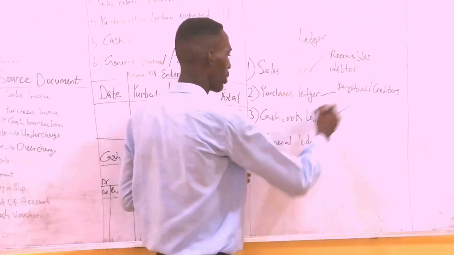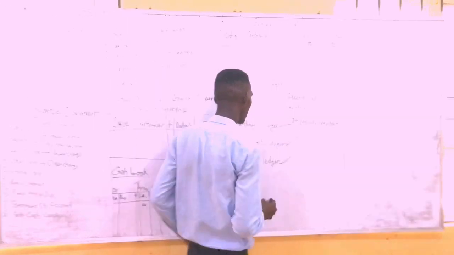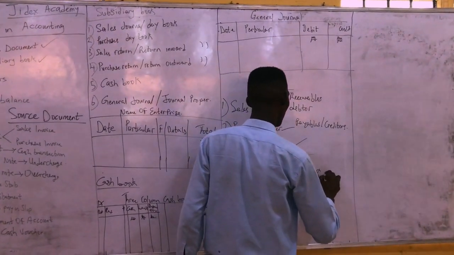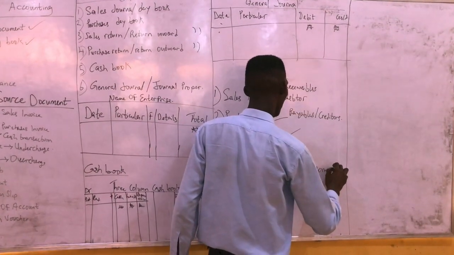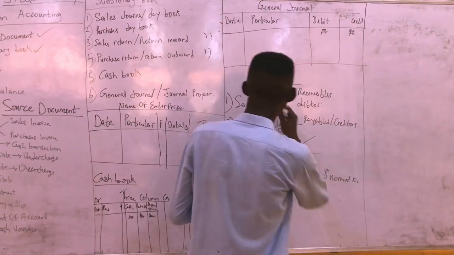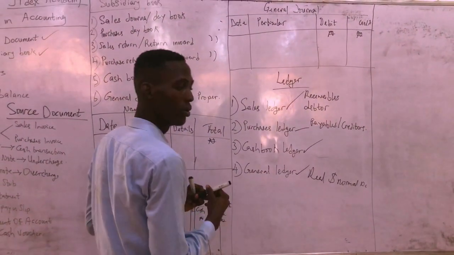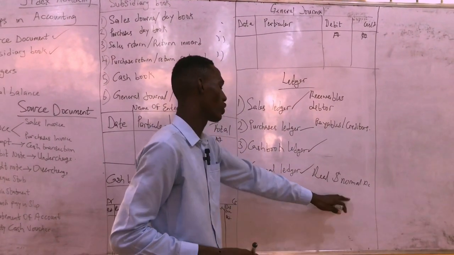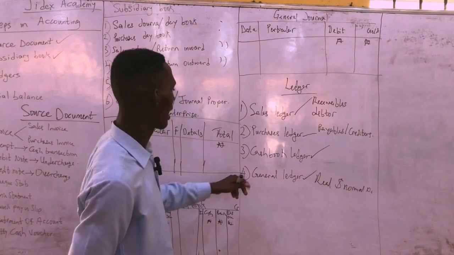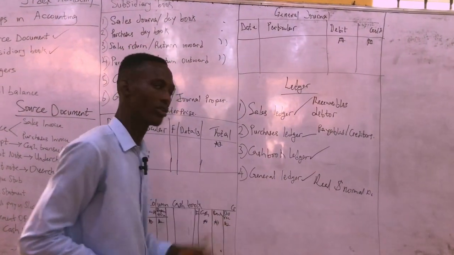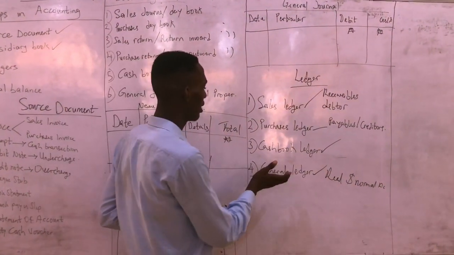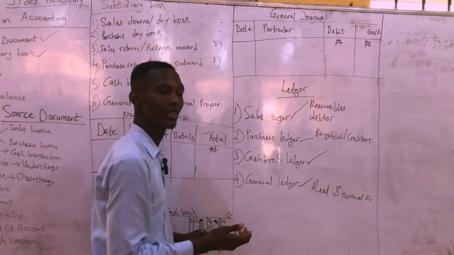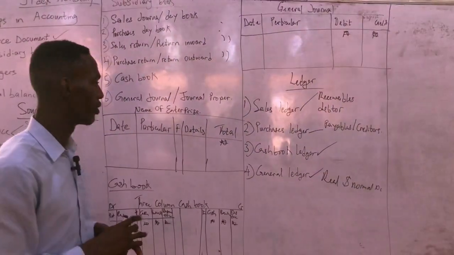Then cash book, you know what cash book is. And as for general ledger, it comprises real and nominal accounts. While these two are personal accounts, this one contains real and nominal, also known as impersonal accounts. It comprises any other transaction or account that cannot fit into the rest, similar to our general journal.